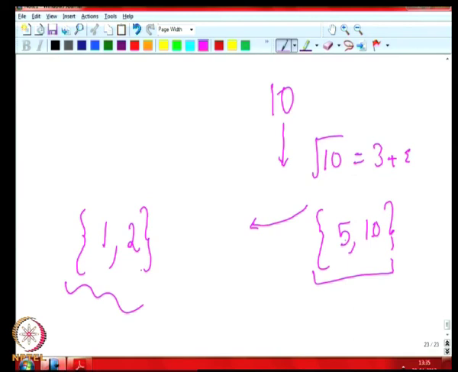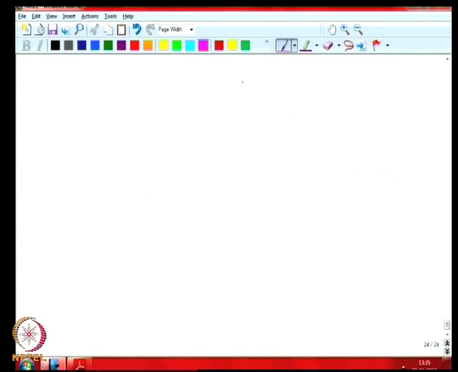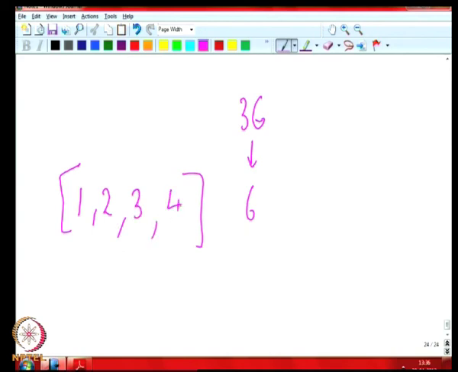We are claiming that for every number n it is like that. For another example, we can take say 36. The root is 6. The divisors of 36 which are below 6 are 1, 2, 3 and 4, because 1 divides, 2 divides, 3 divides, 4 divides, 5 does not divide.